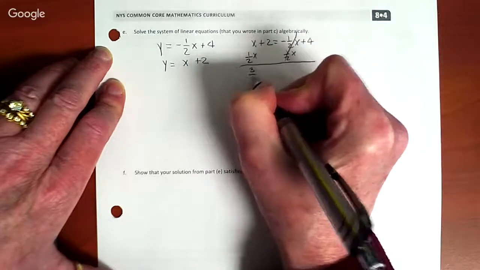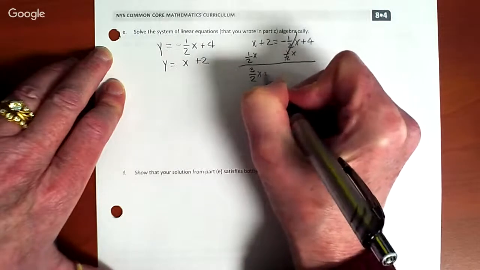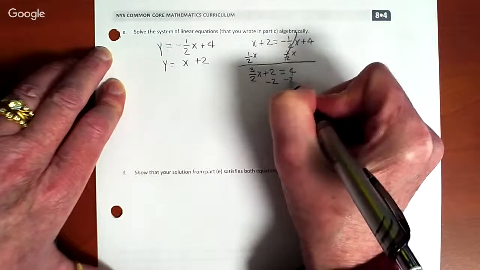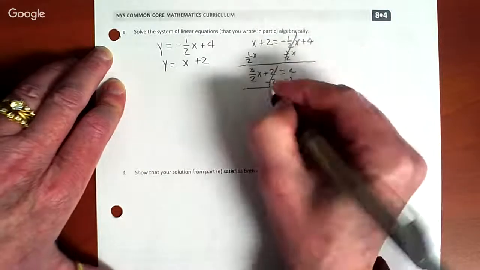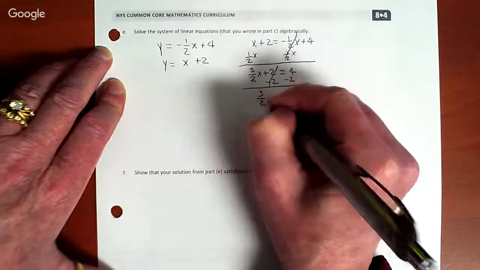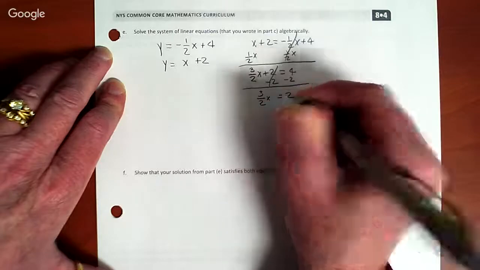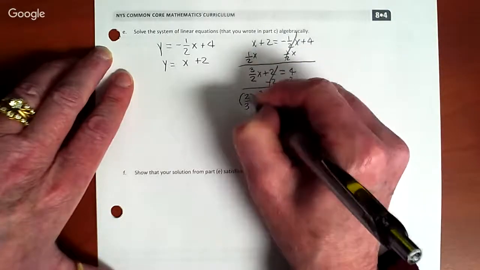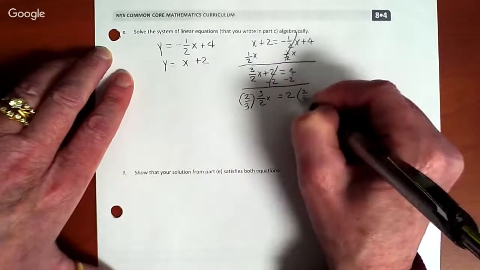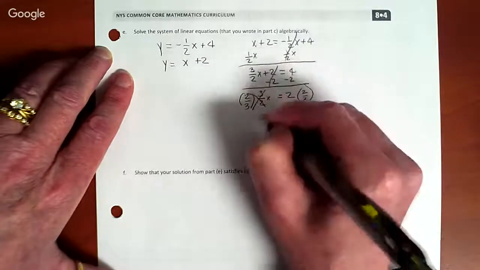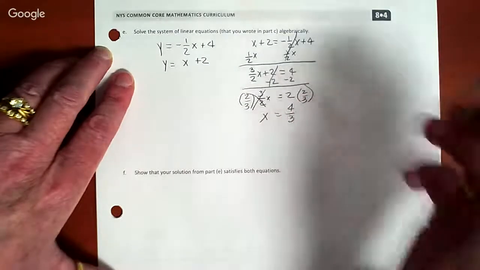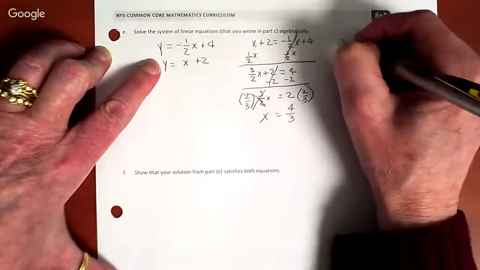So 3 over 2 x plus 2 equals 4. Subtract 2 from both sides. So 3 over 2x equals 2. All right, so multiply by 2 over 3 on both sides. So x equals 4/3.